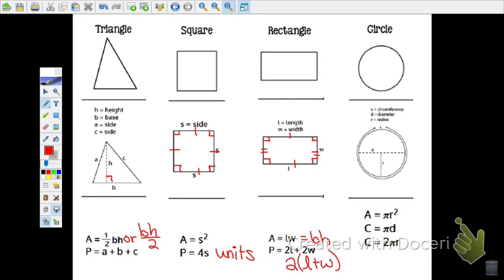When we're talking about area, it is square units. The exponent comes after the label word. Okay, so it looks like units squared, but it's read square units. So again, quick review of those basic formulas for area, perimeter, and circumference of those basic shapes.